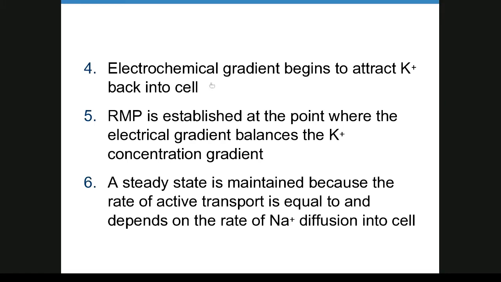Now, the electrochemical gradient starts to attract potassium back into the cell. And then finally the electrical gradient balances the potassium concentration gradient. And because of this, you get a little sodium diffusion into the cell, but generally when you get some, it's picked up and thrown back out.